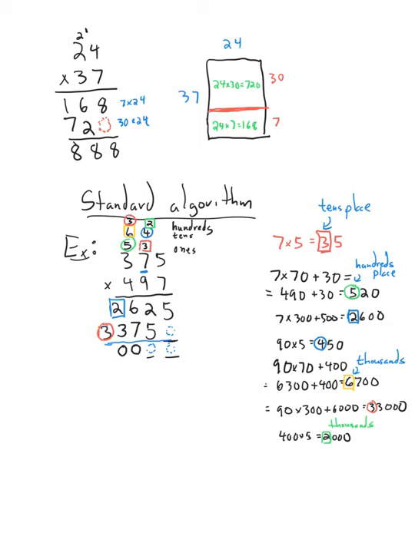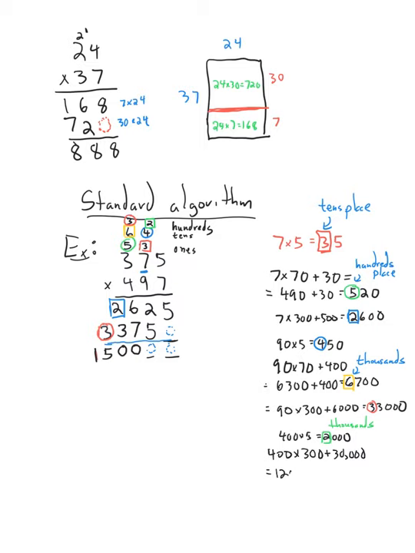And then finally, 400 times 300. 4 times 3 is 12, plus 3 is 15. So really what we're doing is it's not 4 times 3, it's 400 times 300 plus 30,000.